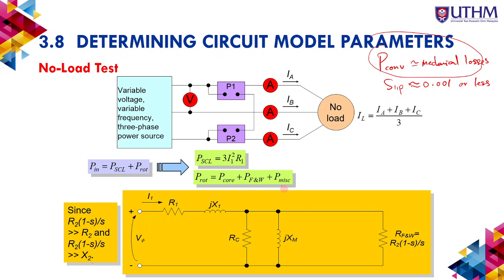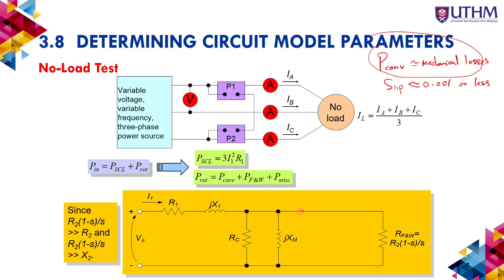So the power measured by the wattmeter over here must be equivalent to the motor losses. The rotor copper losses are negligible, because the current I2 is extremely small.